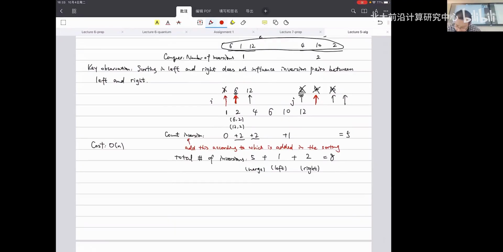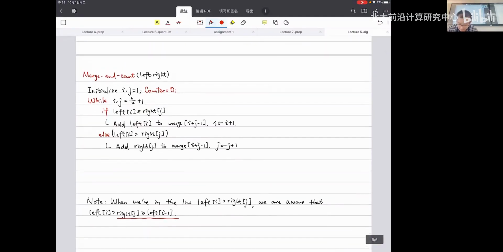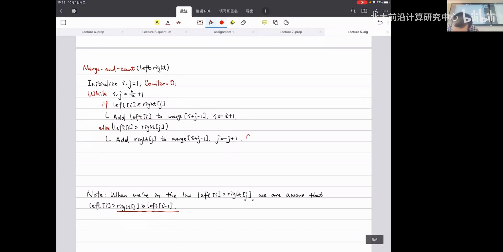So basically here we are at the ith place. And we know that at the other places, from the first place to the I minus 1 place, it is actually smaller than the current pointer at the right-hand part, the current J. So the thing that we need to add here, the counter, is going to be counter plus n minus I. So why is this the case?